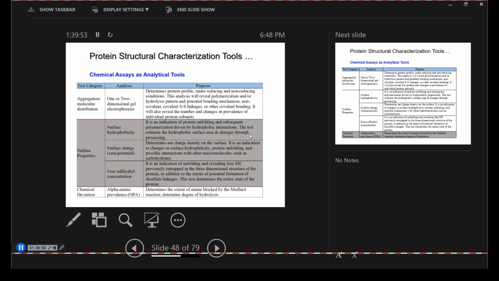What's happening here? Why is the surface hydrophobicity decreasing? Yes, so here the protein is denaturing, protein denaturation.